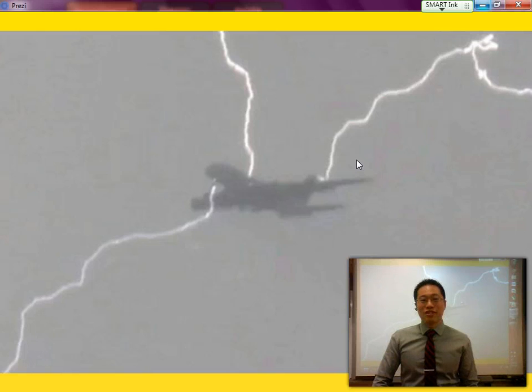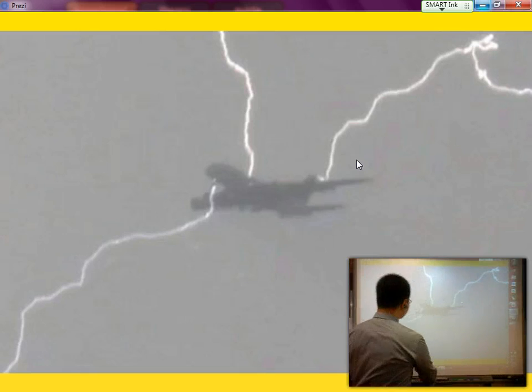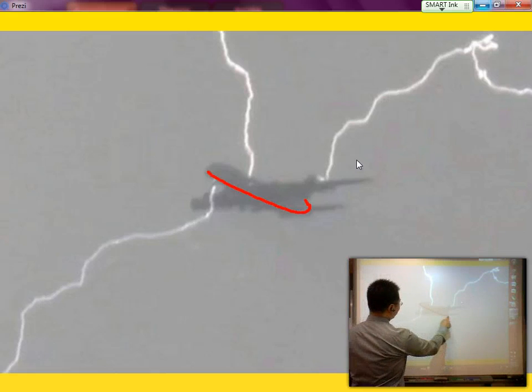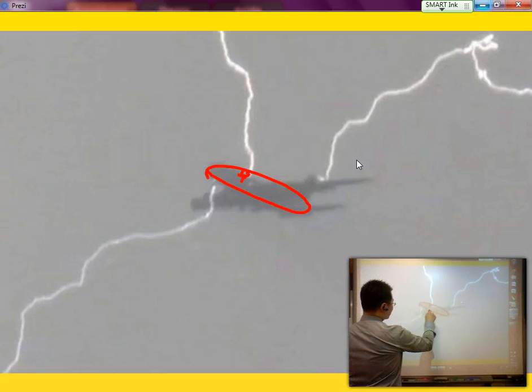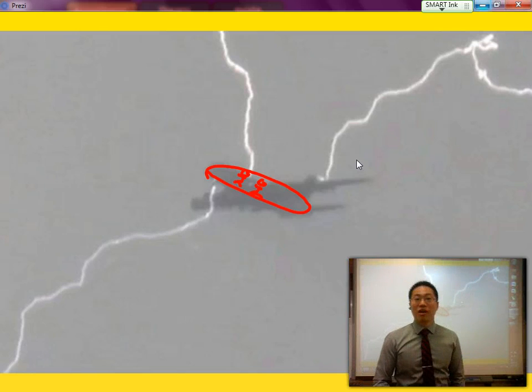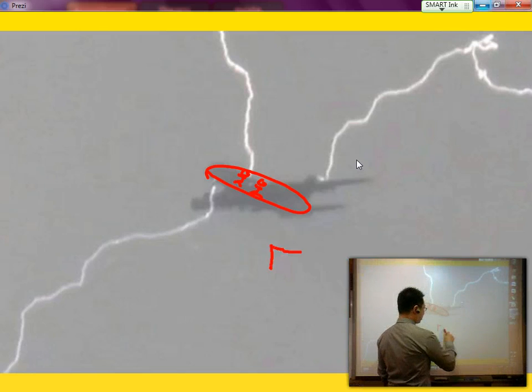In this picture over here, you see an airplane flying through the sky and struck by lightning. In fact, it was struck in 3 different places at the same time. But because the airplane itself is a hollow conductor, all the people inside are perfectly safe. And the same is true if you're inside a car.